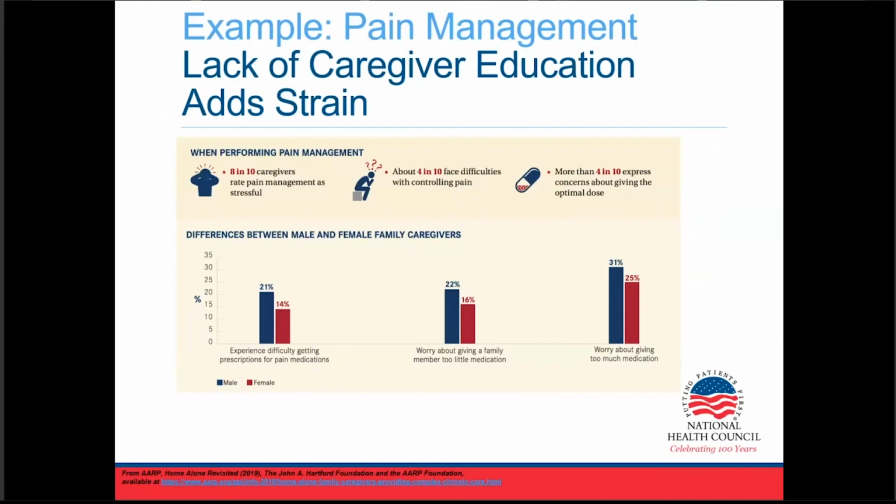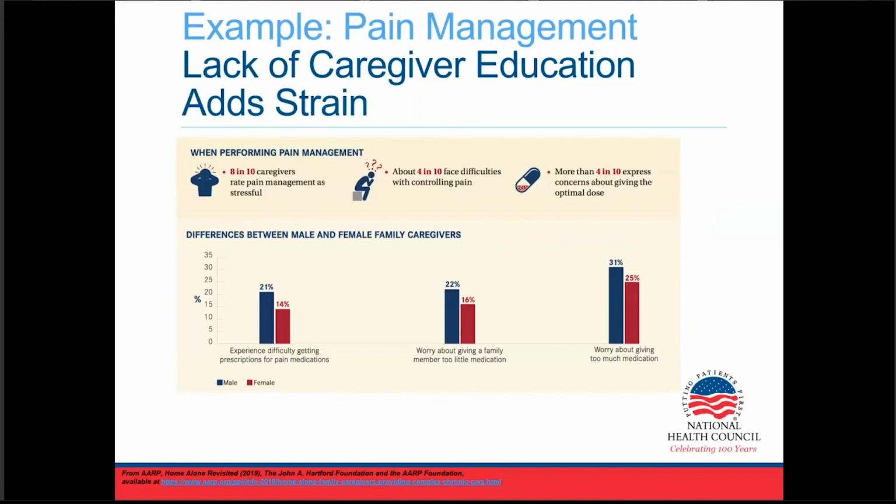One of the things that came up again and again was caregivers providing information on pain. This data is from AARP, and it looks at caregivers. It's from a study that looks at the types of medical nursing tasks that caregivers conduct, and this is specific to pain management. You can see from their survey data that 8 out of 10 caregivers found it very stressful to try to help someone manage their pain.